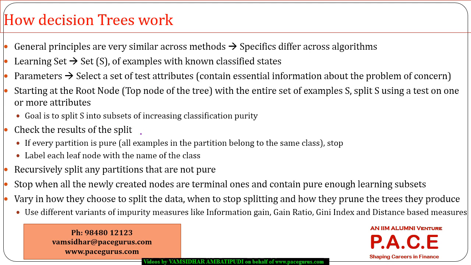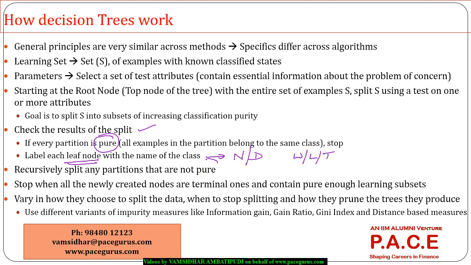Whatever splitting is happening, if every partition is pure, meaning all the examples in the partition belong to the same class, then no further bifurcation happens. The decision tree for that particular partition is stored, and each leaf node is labeled with the name of the class, such as no default or default, win, loss or tie.